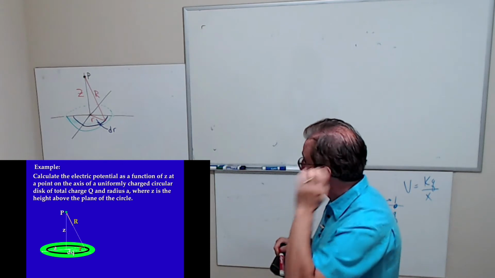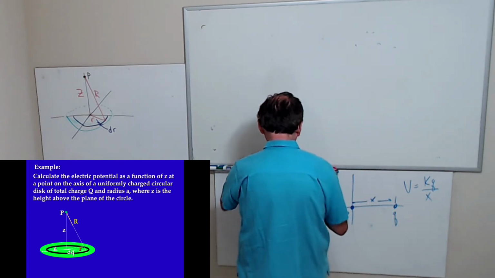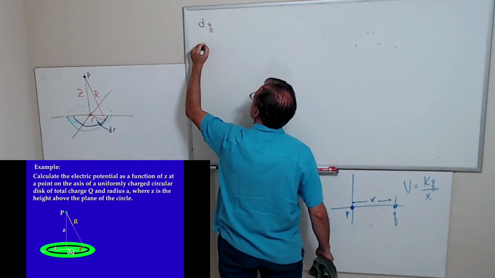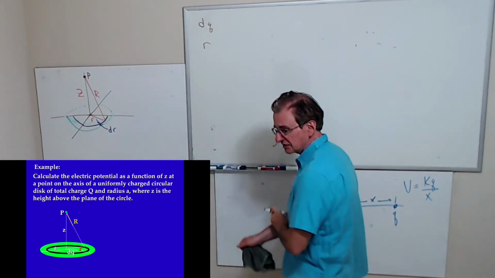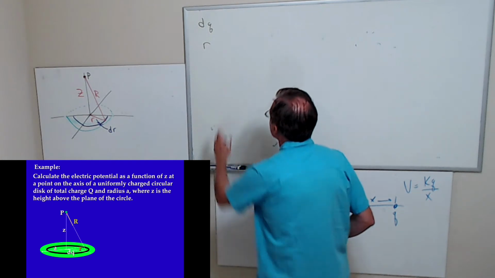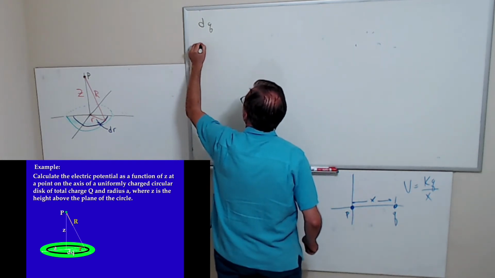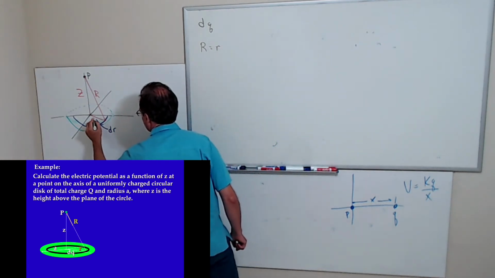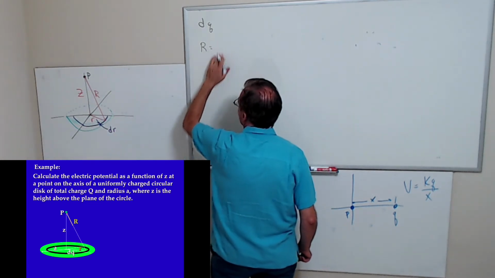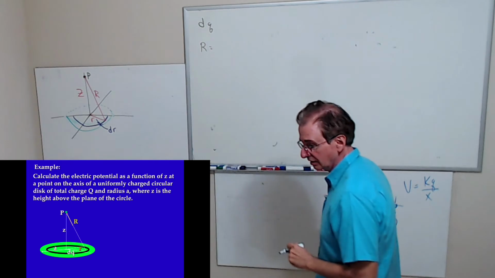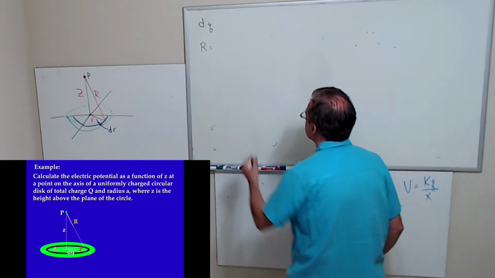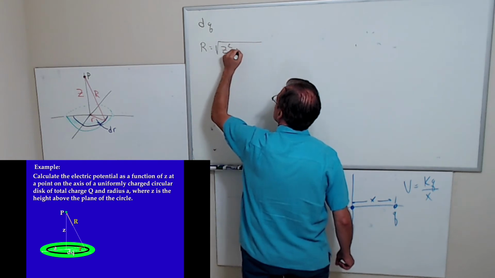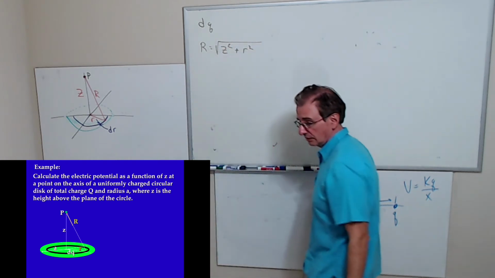Now that I have set up the picture, I have to write an expression for dq and R. I'm going to call it big R just because of too many r's here. The big R is easy because isn't it just the square root of c squared plus little r squared?